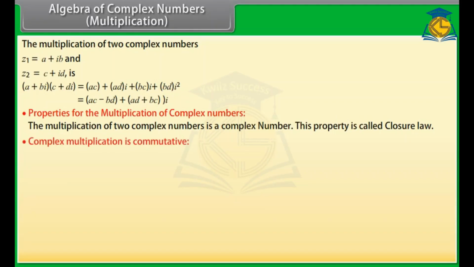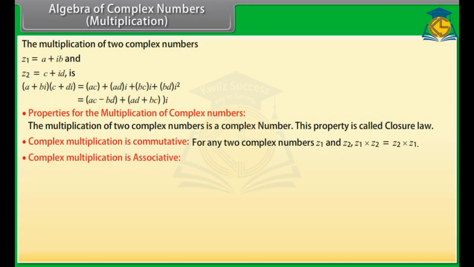Complex multiplication is commutative. For any two complex numbers Z1 and Z2, Z1 into Z2 is equal to Z2 into Z1. Complex multiplication is associative.